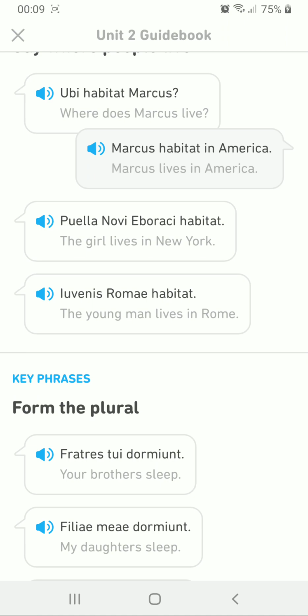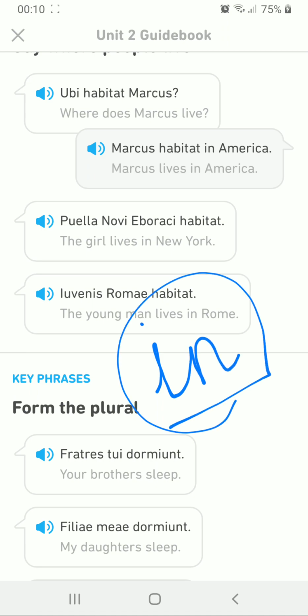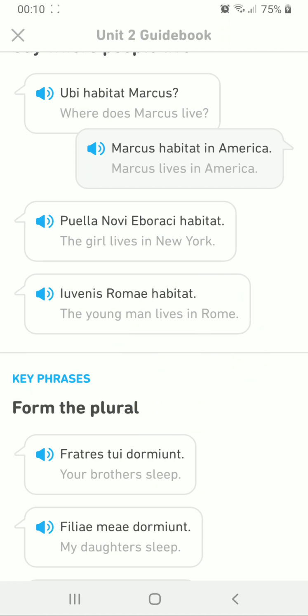Puella Novi Eboraki. Juvenis Romae habitat. So here there is no use of this in. They don't say, for example, in urbe. They are just changing the ending. For example, Novi Eboraki is in New York, but Novum Eboracum would be New York, just the name. So by changing the ending, we know we're talking about the locative form, about location.